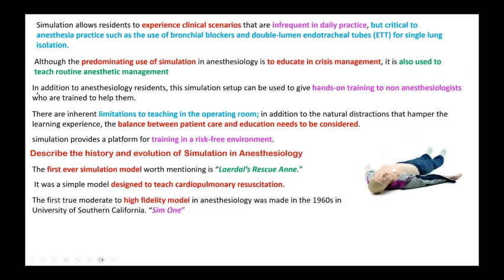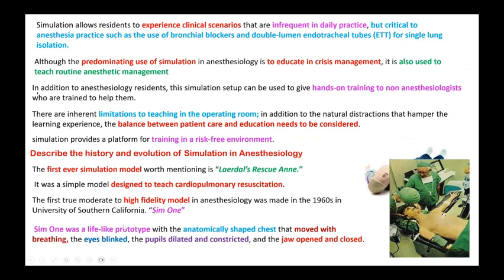And the first true high fidelity model, where it had all the features like a normal human being, like pulse, respiration, and the pupillary movement, of course, air entry, everything was there. That is called the Sim 1. And the Sim 1 was like a prototype of an anatomically shaped chest, moved with breathing, eyes blinked, the pupils dilated and constricted, jaw opened and closed. So that is how the real human-like model, which is called the Sim 1, was created.